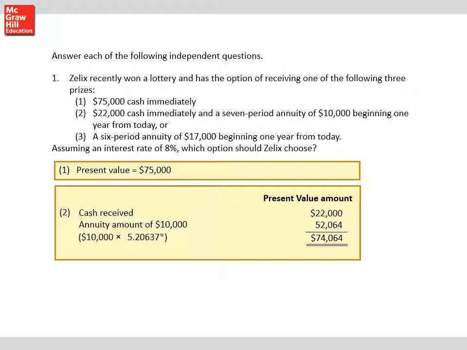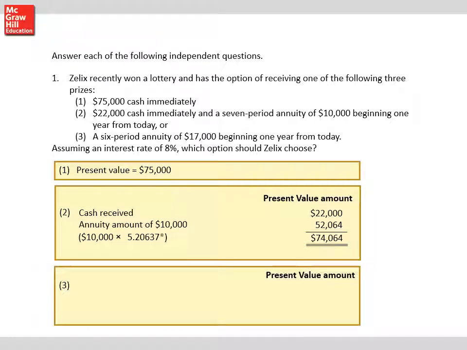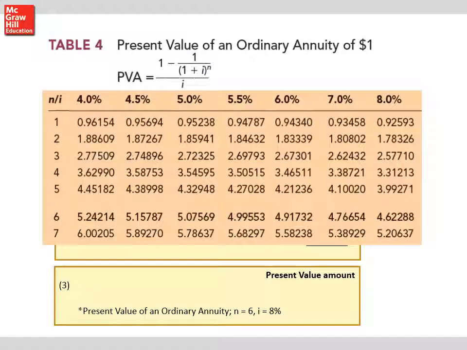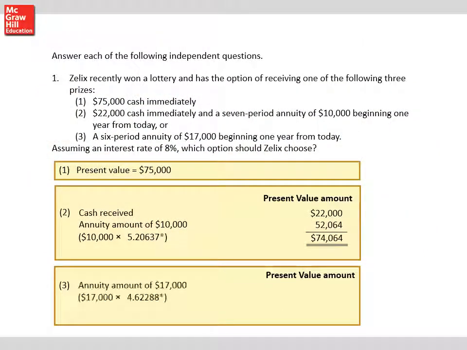In item 3, you do the same kind of calculation. You're looking for the present value of the $17,000, 8% interest for 6 periods because there's 6 payments. The payments start at the end of each period. So your factor is 17,000 times 4.62288.